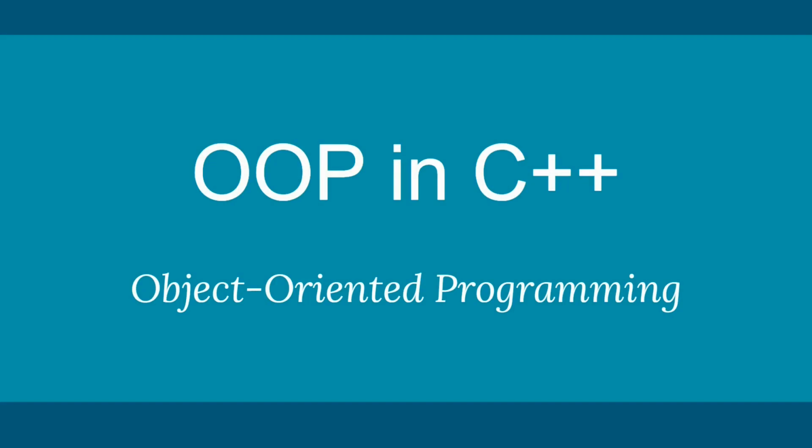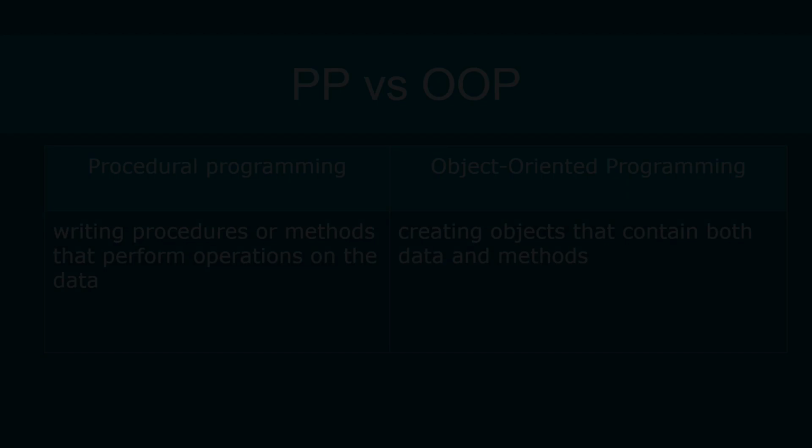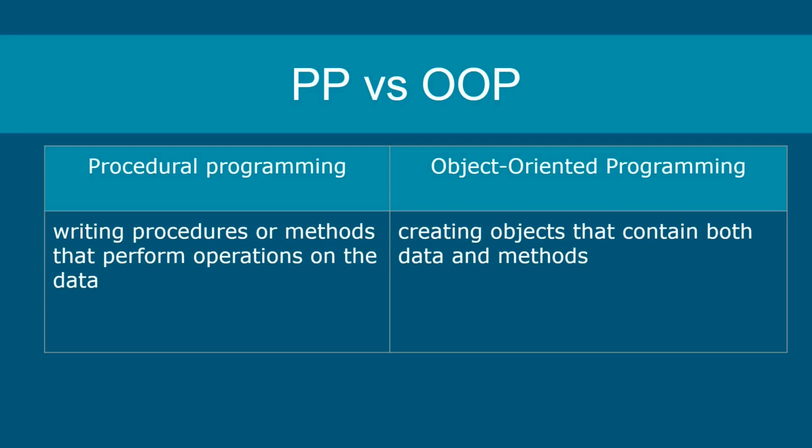Object-oriented programming in C++. We have procedural programming, or function-based programming, and object-oriented programming. Procedural programming is about writing procedures or methods that perform operations on the data, as you have seen so far in this course.